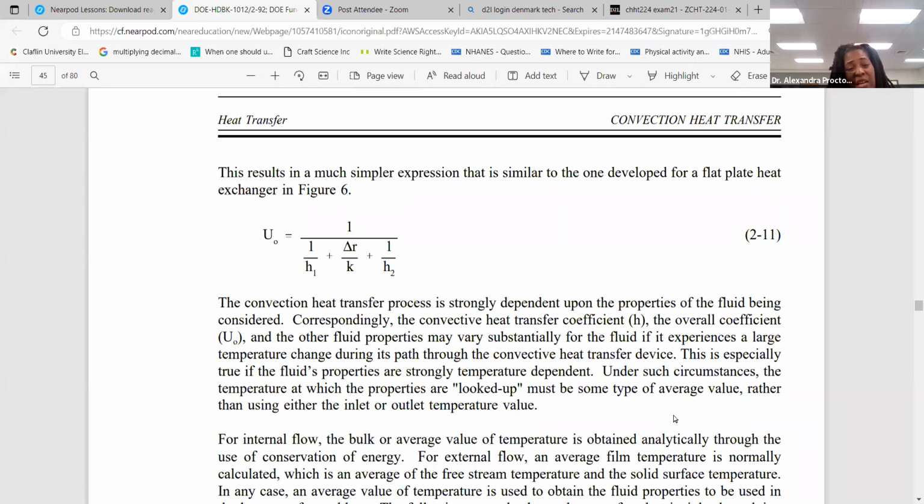This is especially true if the fluid's properties are strongly temperature dependent. Under such circumstances, the temperature at which the properties are looked up must be some type of average value rather than using either the inlet or the outlet temperature value.